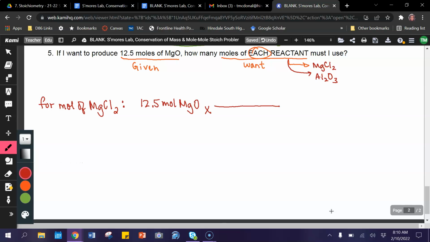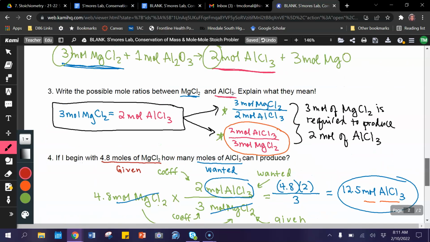I'm going to put moles of magnesium oxide on the bottom, and I'm going to put moles of what I want on top. What numbers go here? I need to consult my balanced equation.